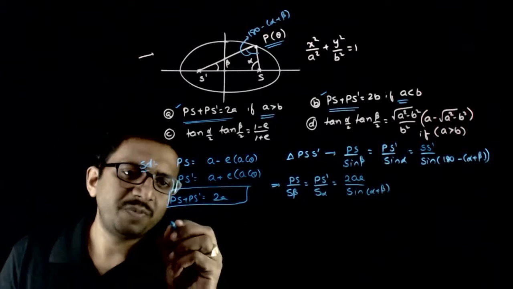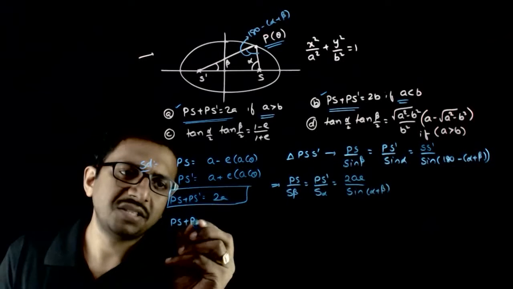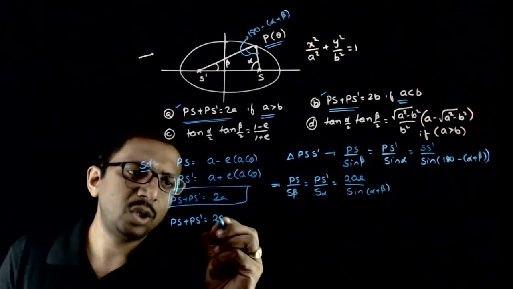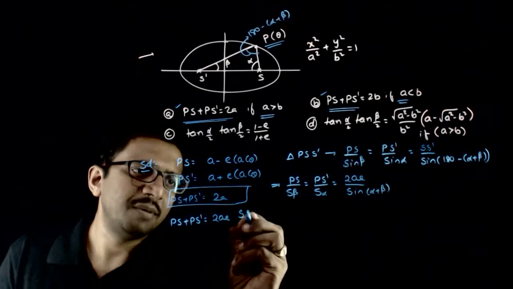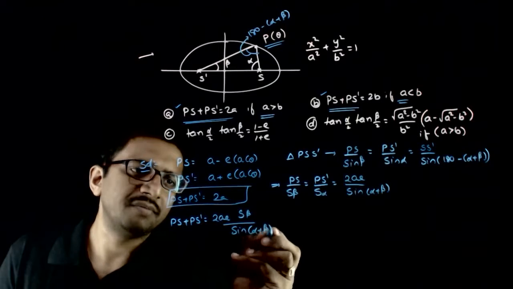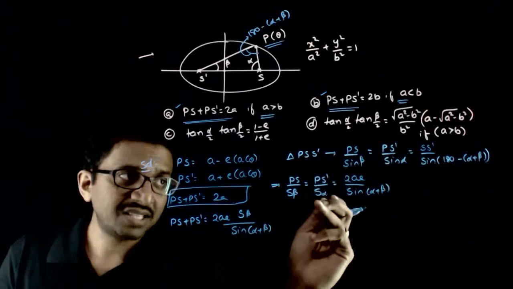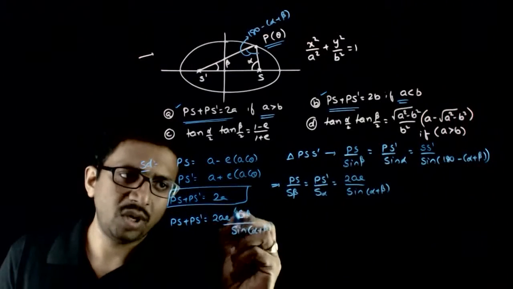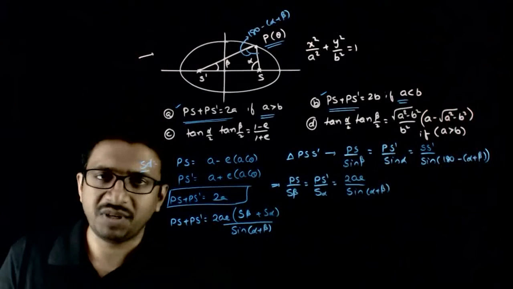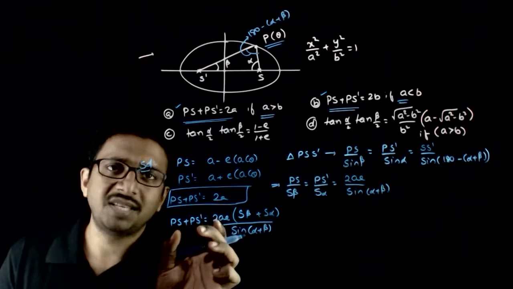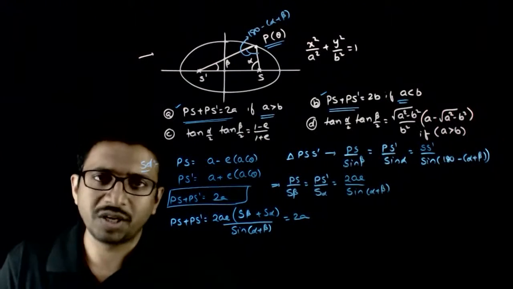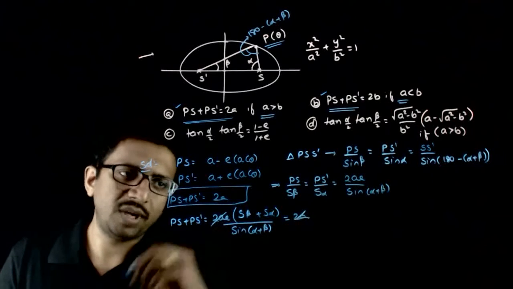Now what is PS plus PS dash? PS is nothing but 2AE sine beta by sine of (alpha plus beta), plus PS dash, which is 2AE sine alpha by sine of (alpha plus beta). And PS plus PS dash, as we have seen, is equal to 2A if it is a horizontal ellipse. So 2A and 2A get cancelled.